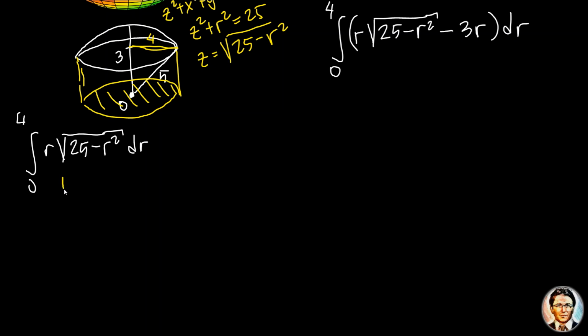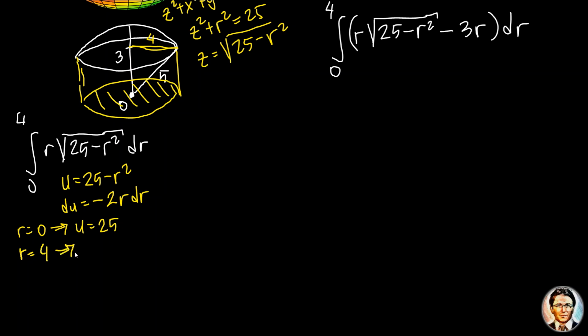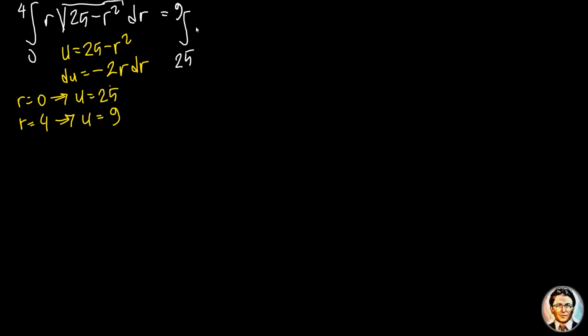You can guess u is equal to 25 minus r squared, so du is equal to minus 2r dr. And you also have to update the bounds. When r is 0, u is 25 minus 0. When r is 4, u is 25 minus 16, which is 9. So the integral is going to be from 25 to 9, u to the 1 over 2.